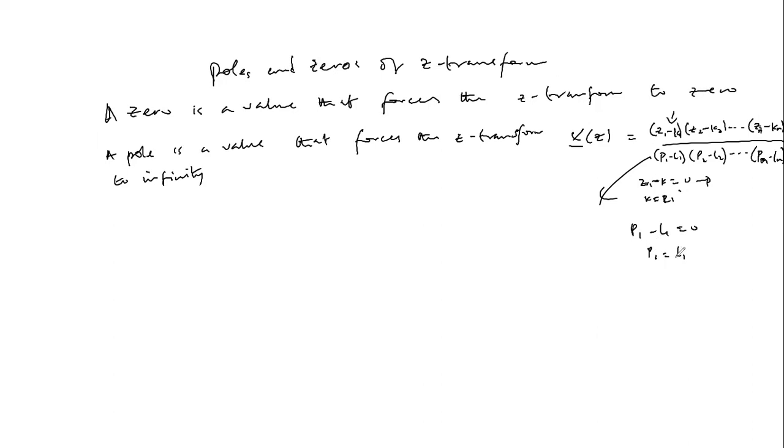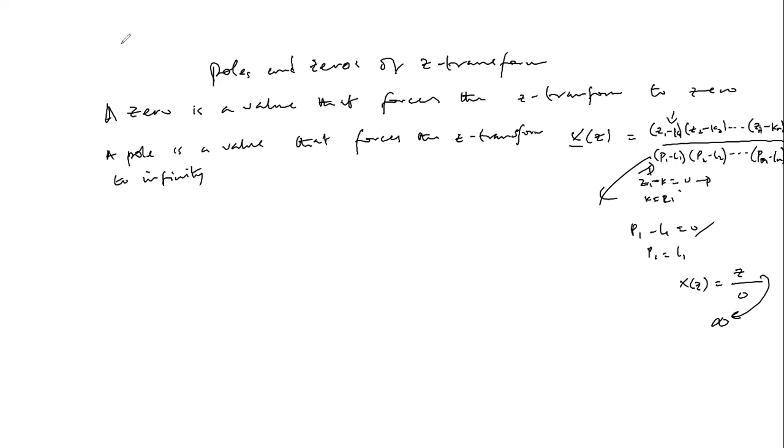So when P1 is equal to L1, then this is 0. And once we put this into 0, it means the Z transform will be the zeros divided by 0. And anything divided by 0 extends to infinity. So a pole is a value that forces the Z transform to infinity.